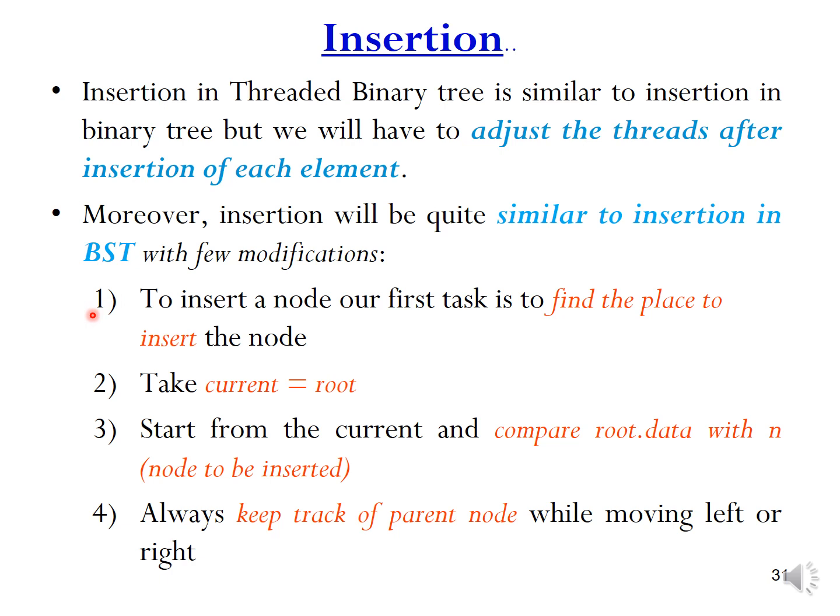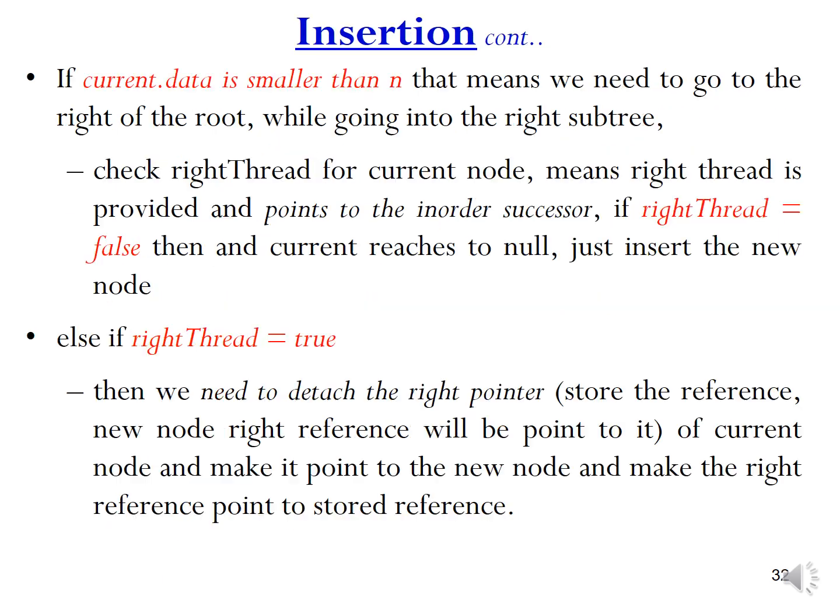To insert a node, our first task is to find the place to insert the node: take current equal to root and start from the current, comparing root.data with n. N is the node to be inserted, and always keep track of the parent node while moving left or right. So these are some modifications.